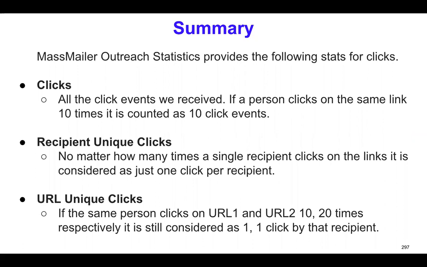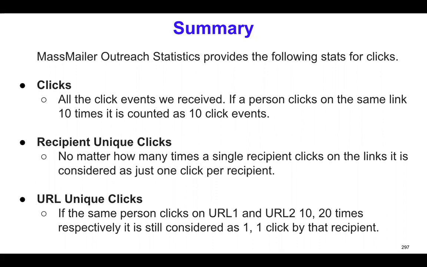Each person may have clicked many times, but it doesn't matter, since it's a unique person when it comes to the recipient. If only 10 people clicked on links, that is considered as recipient unique clicks.